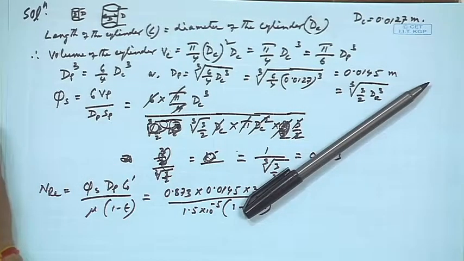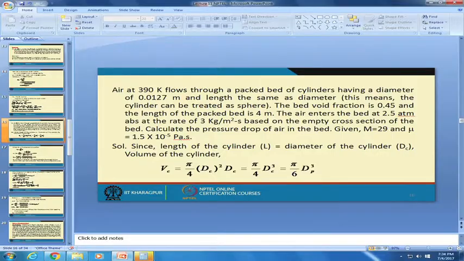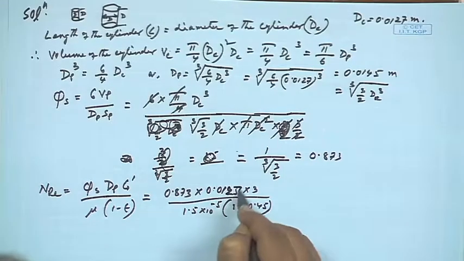So this becomes equal to... The cylinders have a diameter of 0.0127. Yes, that dp is given, so it is 0.0127, right?